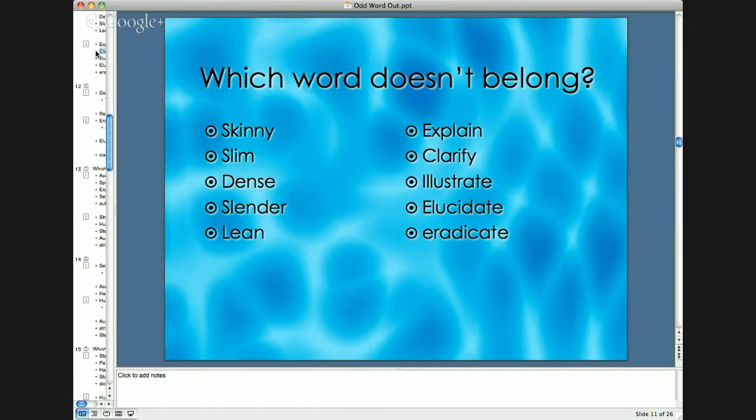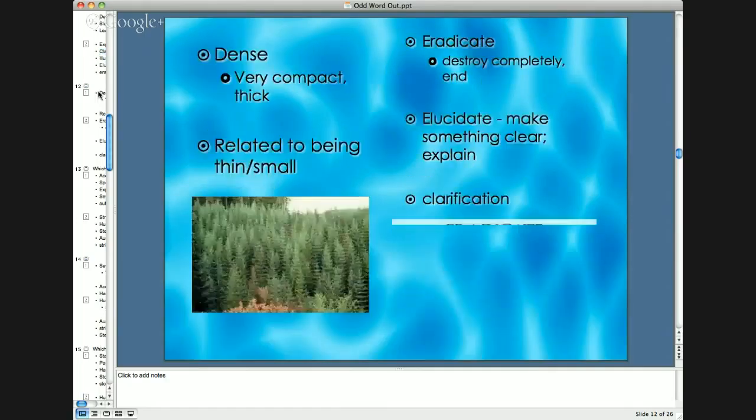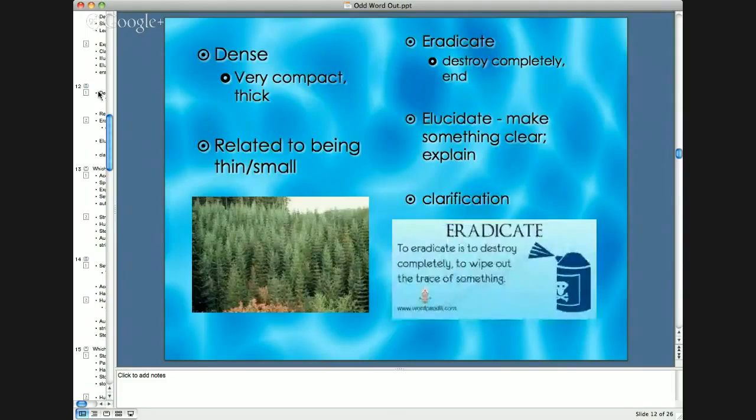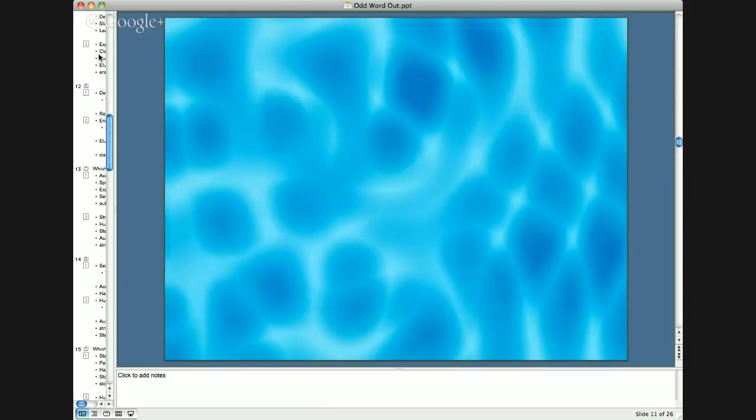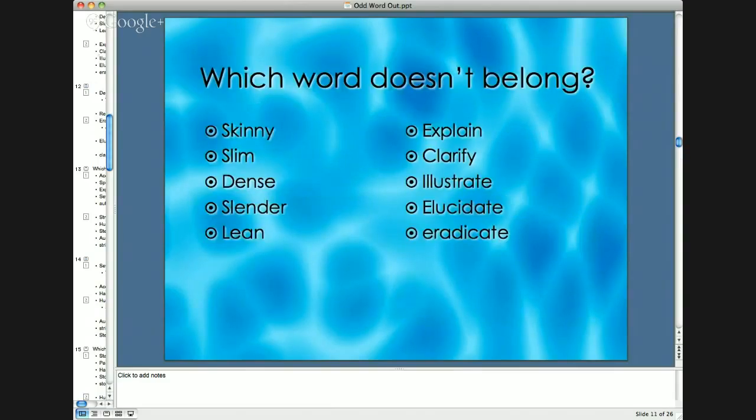The next one, or the answer, is dense, right? This means very compact and thick. Look at this forest, dense with trees. It's full. The rest have to do with being thin or being small, slender, lean.